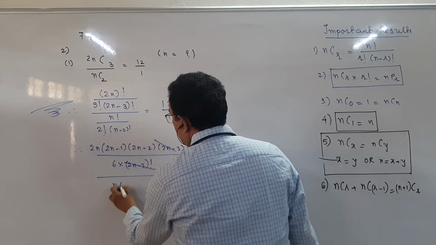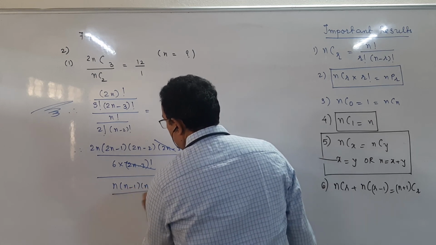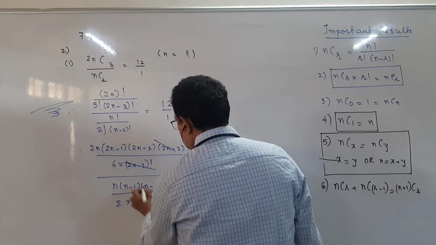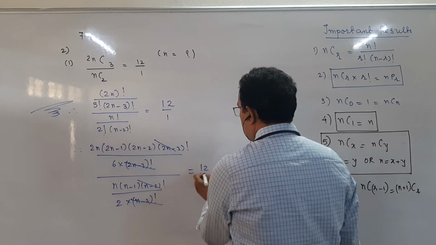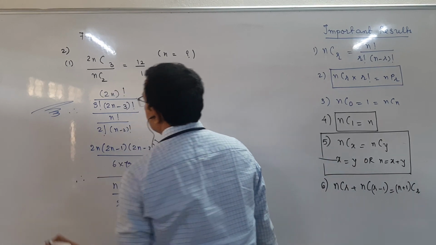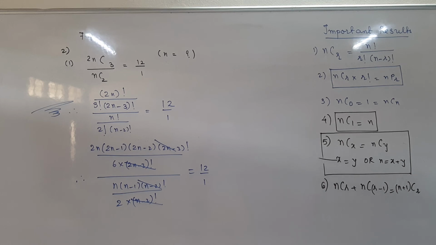Upon, reduce n up to n minus 2 factorial upon 2 factorial is 2 into n minus 2 factorial. So this gets cancelled. This is nothing but 12 is to 1. So students, in this type of sums, our prime concern is to get factorial terms cancelled. What is our prime concern, students, in this type of sums? That we should have factorial terms cancelled.